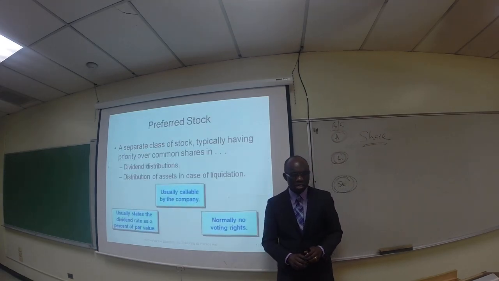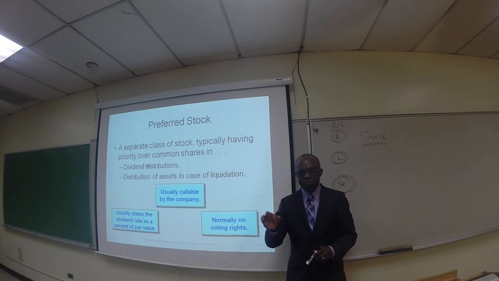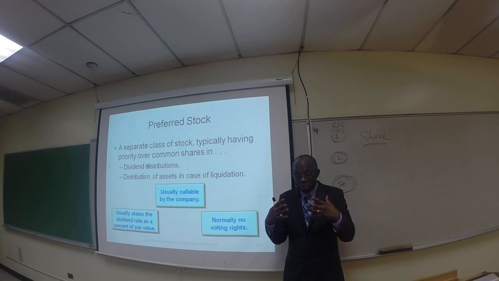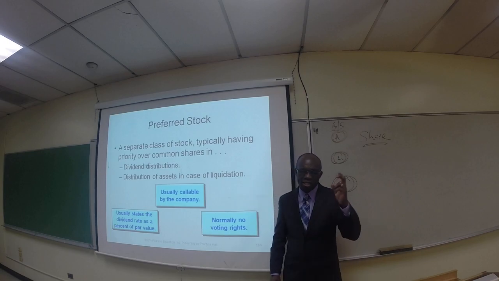Moving along, let's take a look at another concept here. We said preferred stock. Now, if a company is set up as a corporation, the basic stock that the company must have is called common stock. Now, that is one type of stock. There is another type of stock.